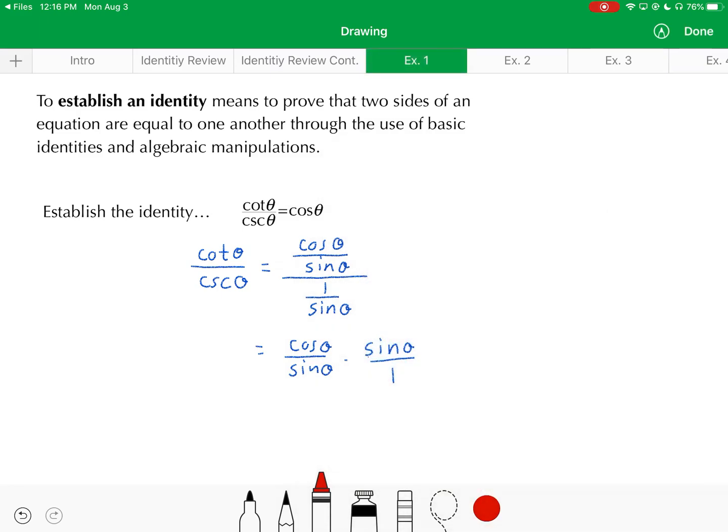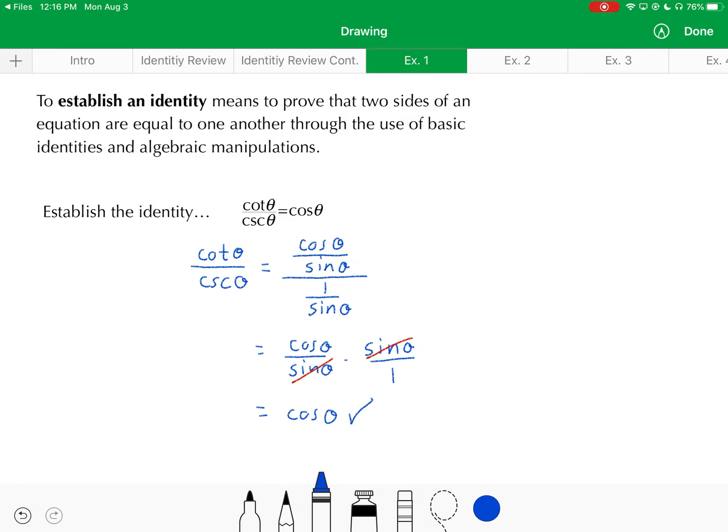And notice these will reduce away to where you are just left with cosine of theta. And that's what we were trying to prove in the end. Once we get it to equal out to what we are proving, just put a check mark next to it to show that it's been verified, okay?